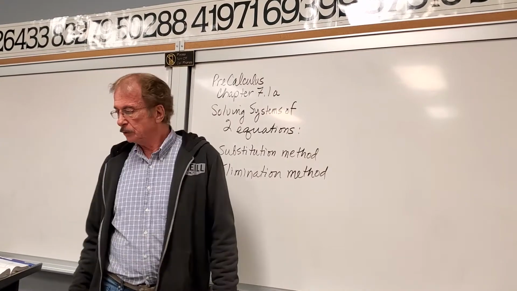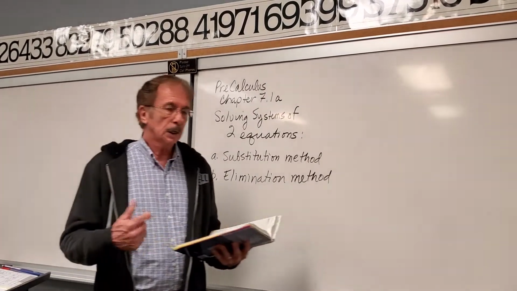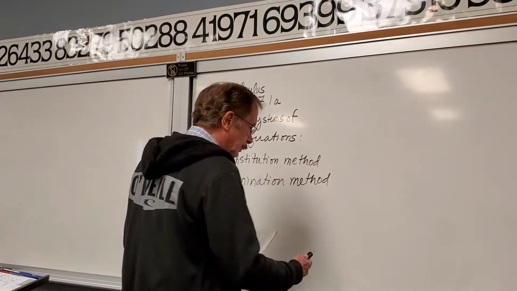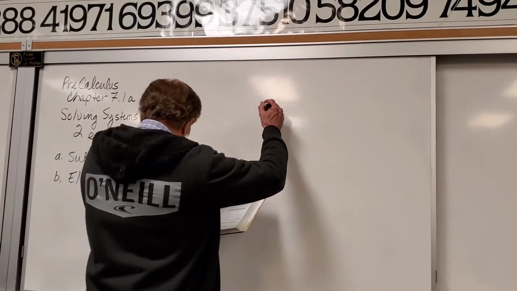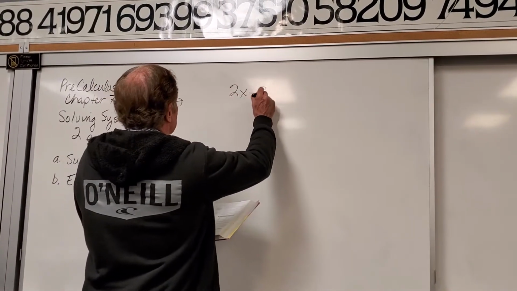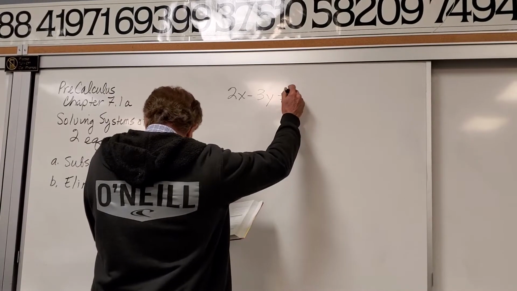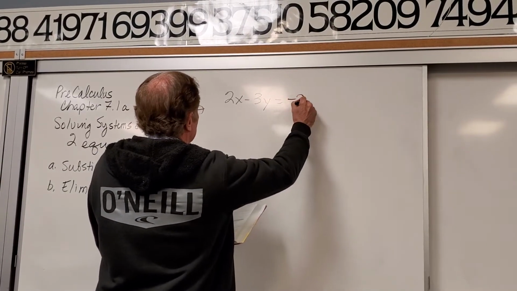So I'm just going to give you some examples right out of the textbook. Your homework is from some of the problems like this. I'm going to pick one. This is 2x minus 3y equals, no, I'm sorry, equals minus 23.